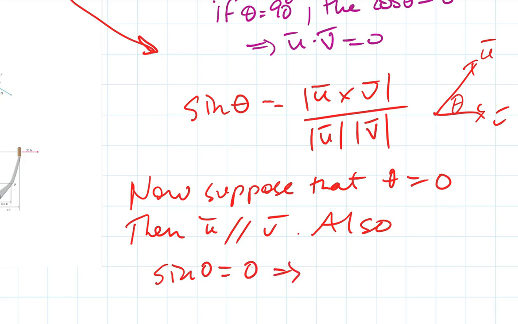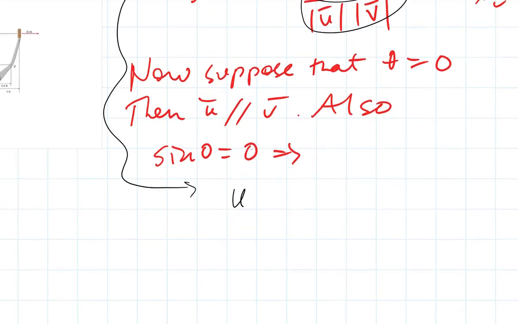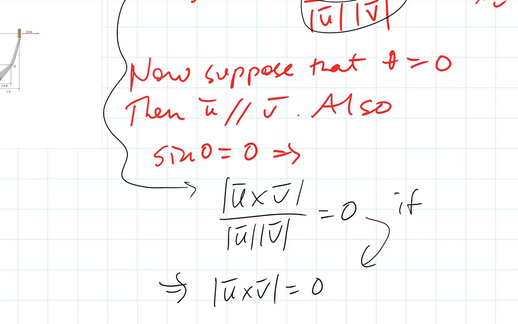So this implies then, if we take this whole fraction, that the length of u cross v over the length of u times the length of v is equal to 0, which then implies that the length of u cross v is equal to 0, because only the numerator is 0, right? So what I'm using here is if a over b is 0, a must be 0. All right.